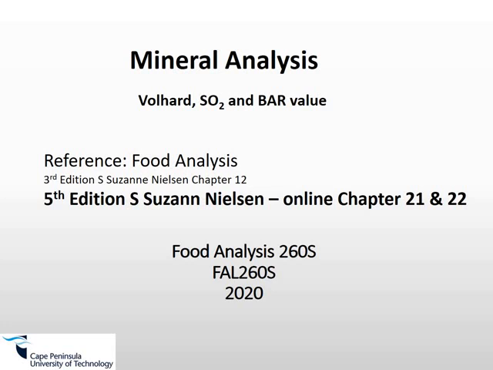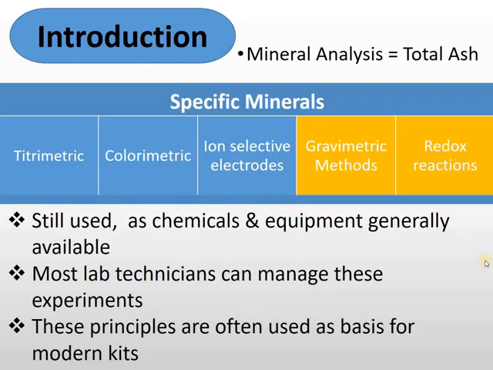Okay, so in terms of our minerals, the nicest thing about this chapter is that we've already started analyzing for the minerals when we analyze for the ash content. If you go back to the procedure there, you take a sample, you char it, and after that you continue the charring in the muffle furnace for 5 hours.